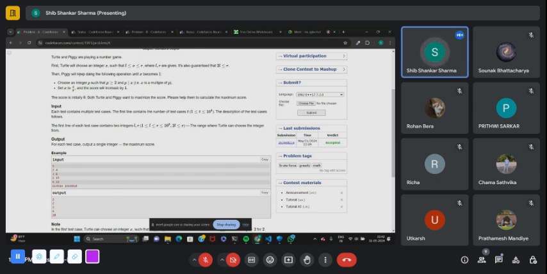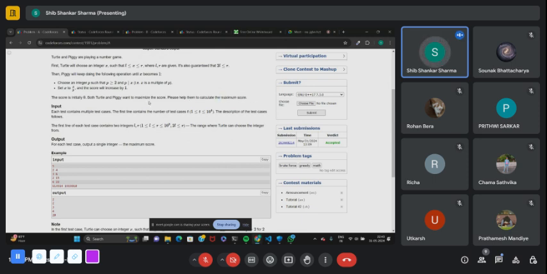So what this operation basically means is that we will take a factor of x such that it is at least 2, divide x by that factor, and after that increase the score by 1. For each division we increase the score by 1, and initially the score will be 0. What we have to do is calculate the maximum score.